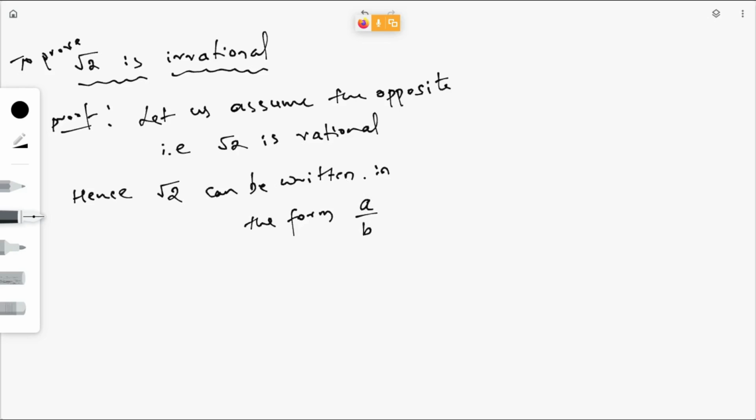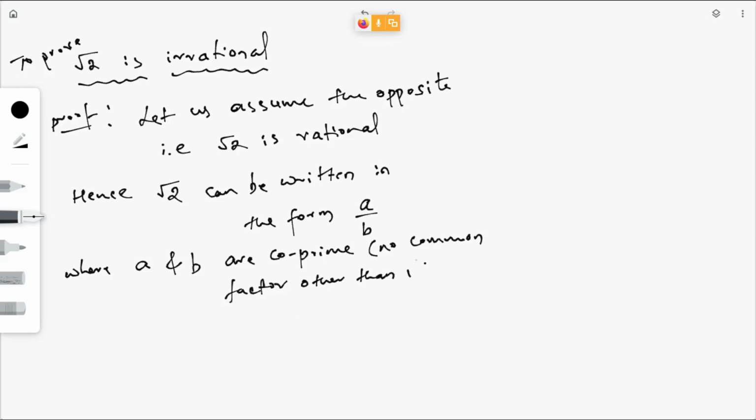Hence root 2 can be written in the form of a by b, where a and b are co-prime. What is co-prime? No common factor other than 1. Hence root 2 is equal to a by b.